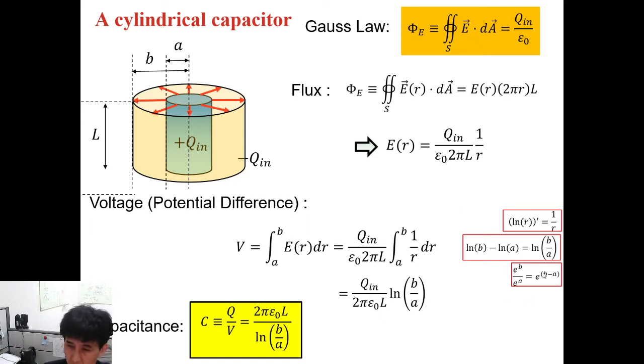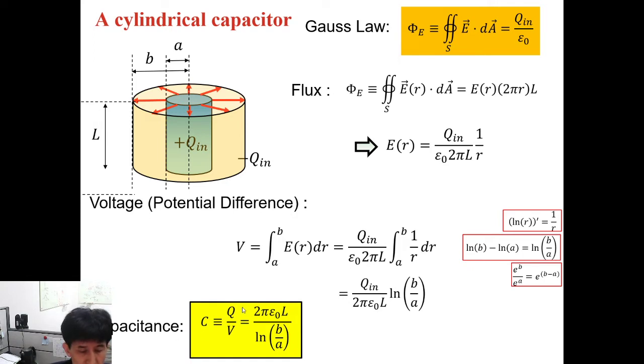And you use this simple relation: the derivative of natural log R is 1 over R, and natural log B minus natural log A is natural log of B over A.